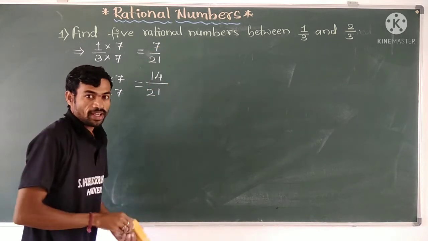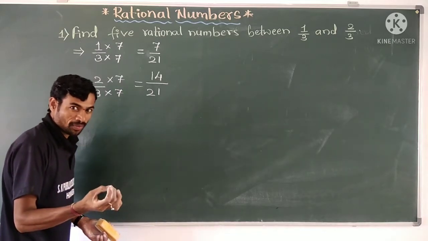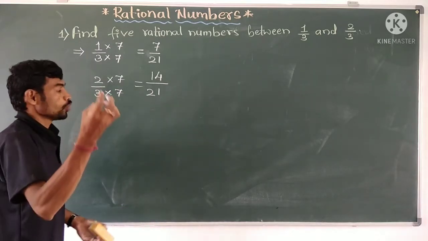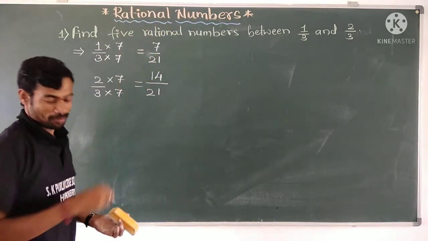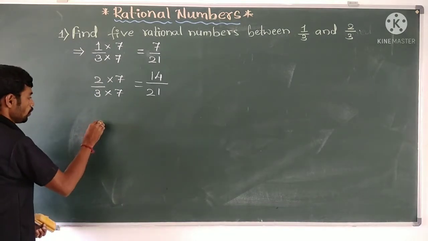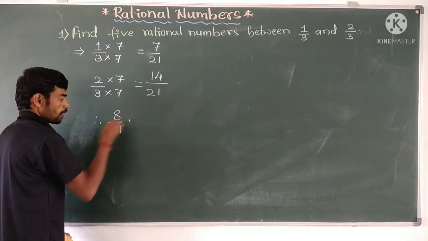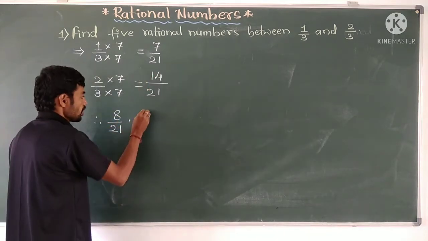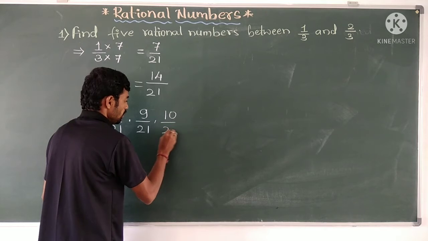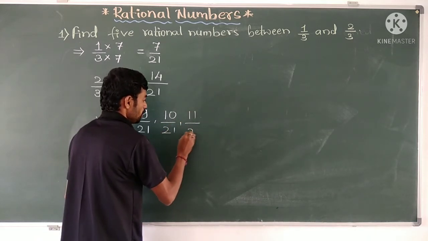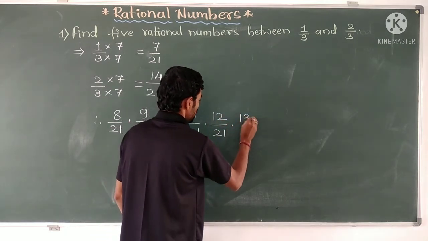After 7 by 21, we get 8 by 21, 9 by 21, 10 by 21, 11 by 21, 12 by 21, 13 by 21.